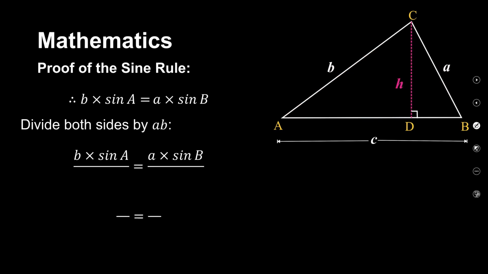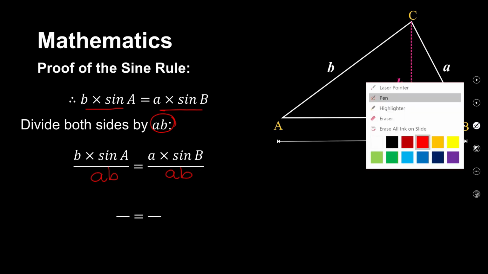Once we have this equation, we're now going to divide both sides by AB. I'm going to divide this side by AB, and I'm going to divide this side by AB. And what's going to happen now, can you see what's going to cancel out?